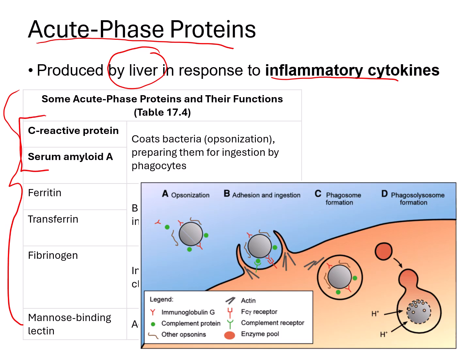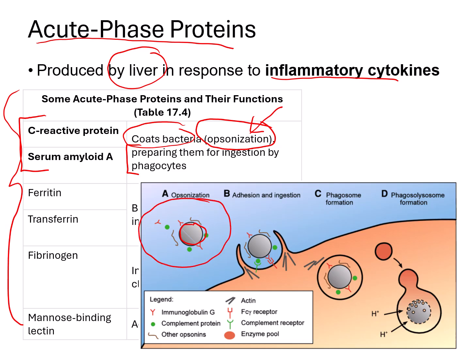C-reactive protein and serum amyloid A have similar functions. They both coat bacteria, and that prepares the bacteria for ingestion by phagocytes. So this coating for phagocytosis is known as opsonization. And I have an image here that shows what that looks like. Let's say the circle is the bacterium, and you can see it's being coated.